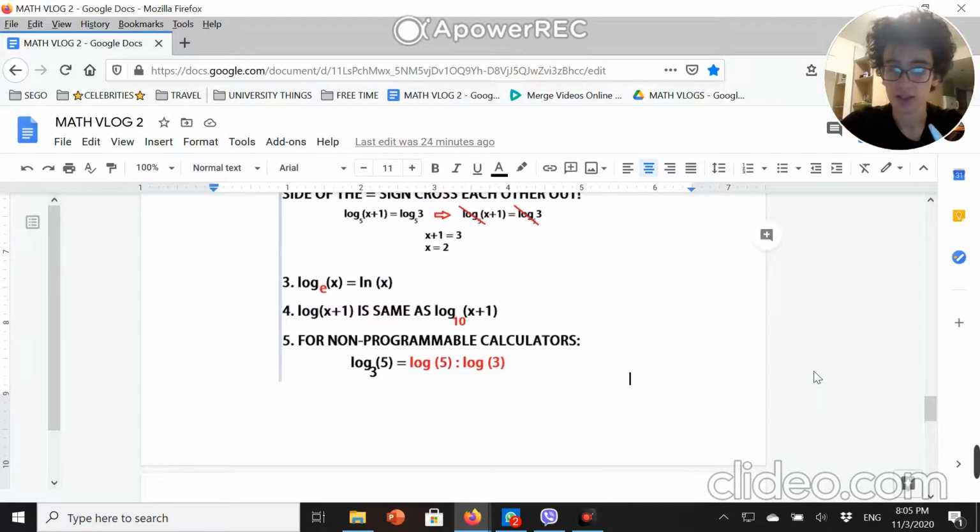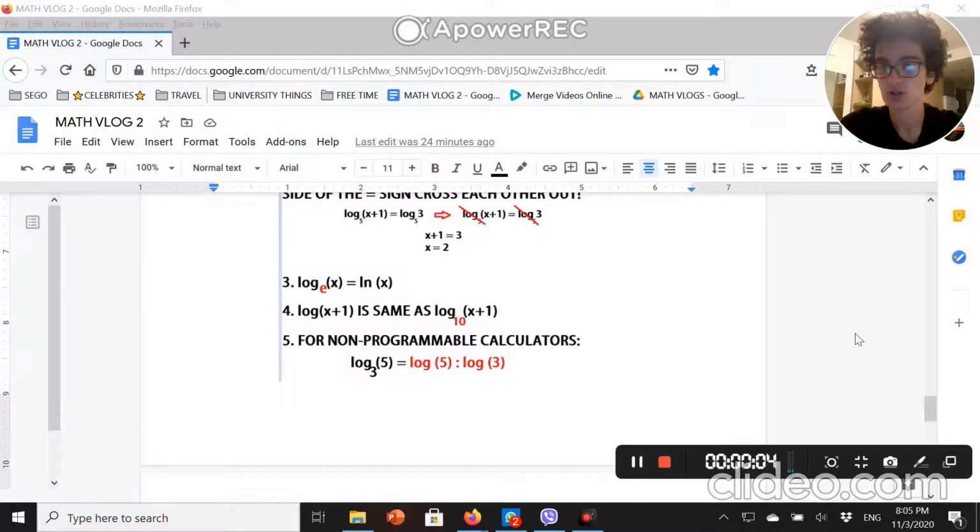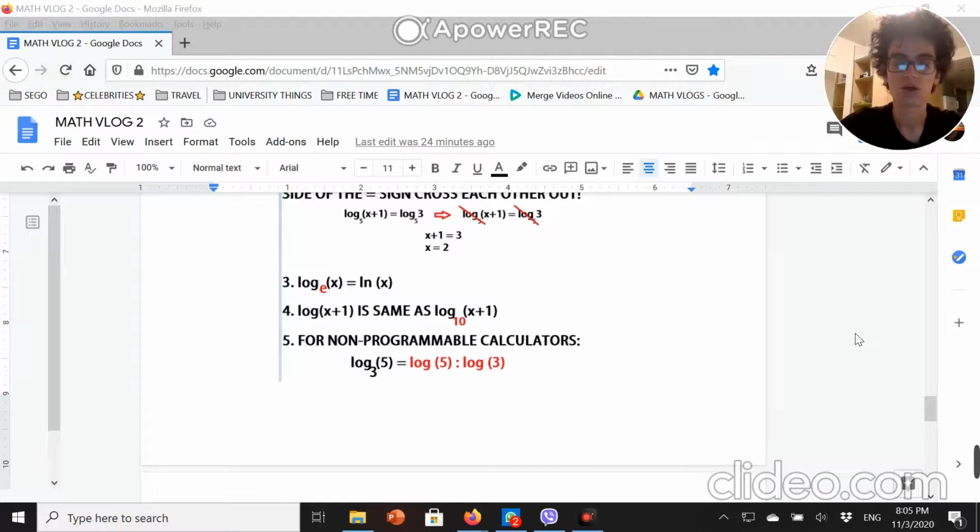Another thing that I want to point out, especially because we're dealing with non-programmable calculators: when we have number e in the base of our log, we would use the natural logarithm, or so-called ln, to calculate it.